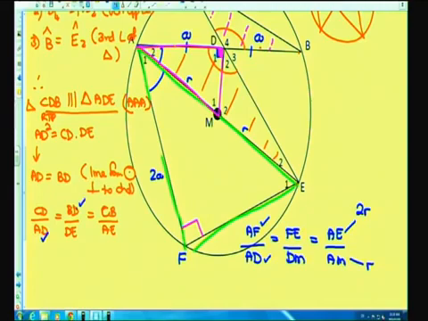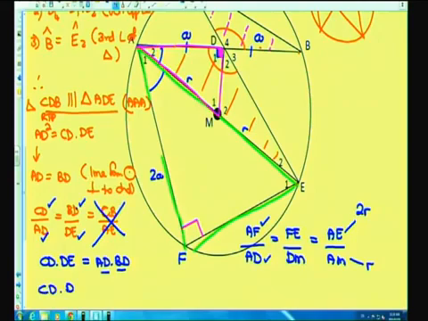So in actual fact, that's the same as saying AD. So we have two of those. Do we have CD and do we have DE? Yes, we do. So we can erase that one. And so we can say CD times DE is equal to AD times BD. But since BD equals AD, I could just as well go CD times DE equals AD squared.